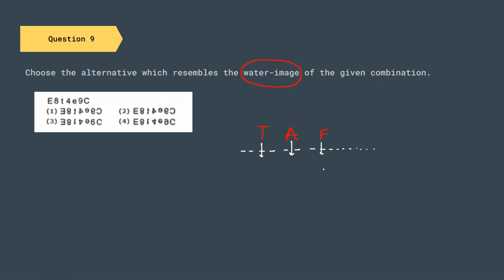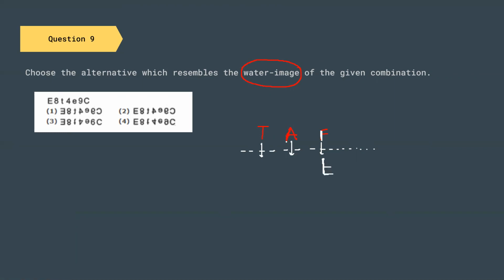If F is reflected here, so this F will come here. Like this vertical line will come here. This will be translated here, and this will be translated here. So F will look like this.